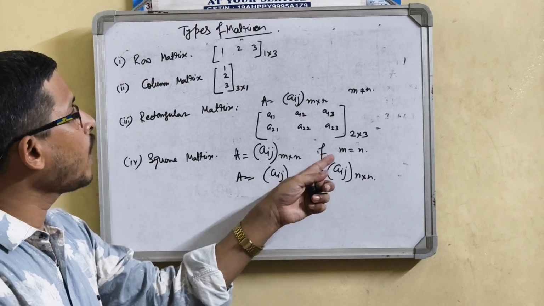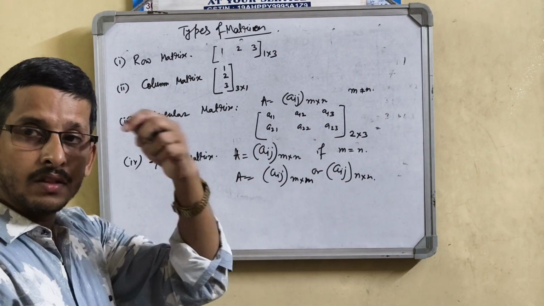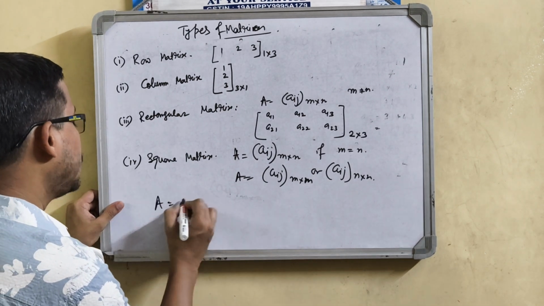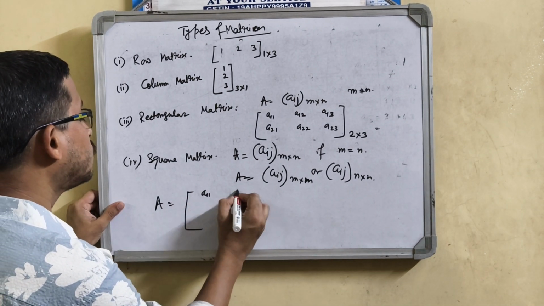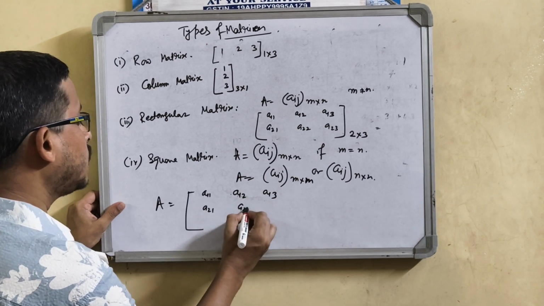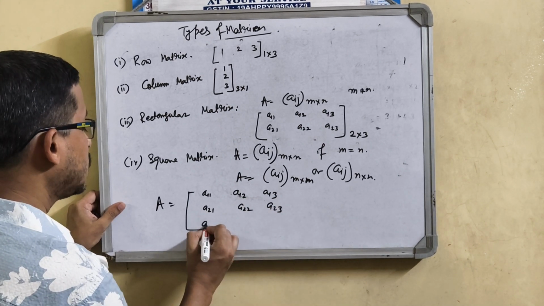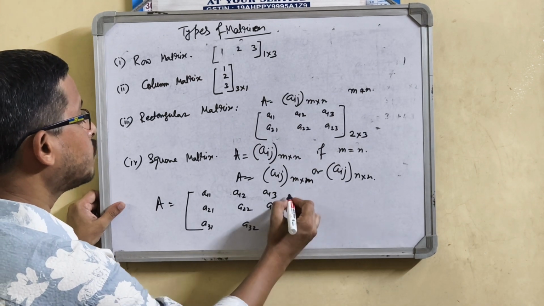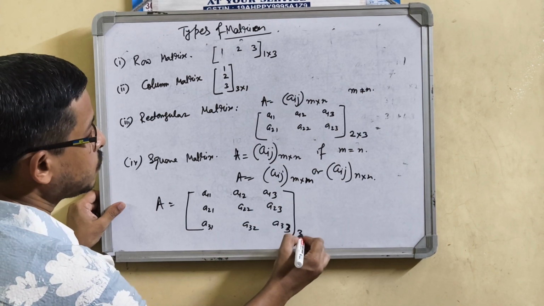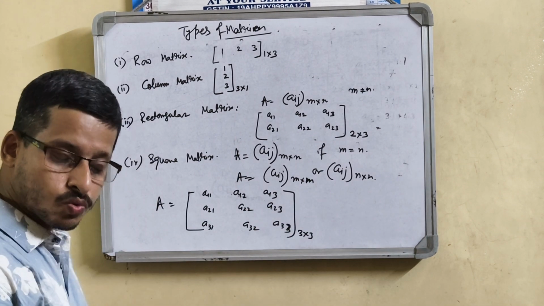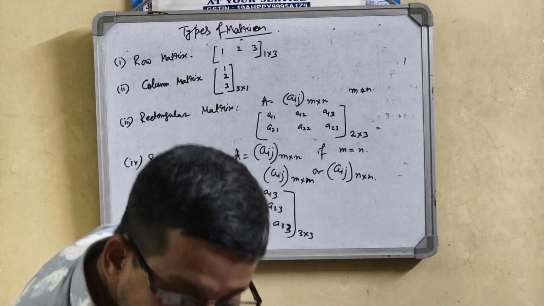If the number of rows and number of columns are the same, then the matrix is said to be a square matrix. That means A equal to A11, A12, A13, A21, A22, A23, A31, A32, A33. The number of rows is 3 and the number of columns is 3. This is a square matrix.